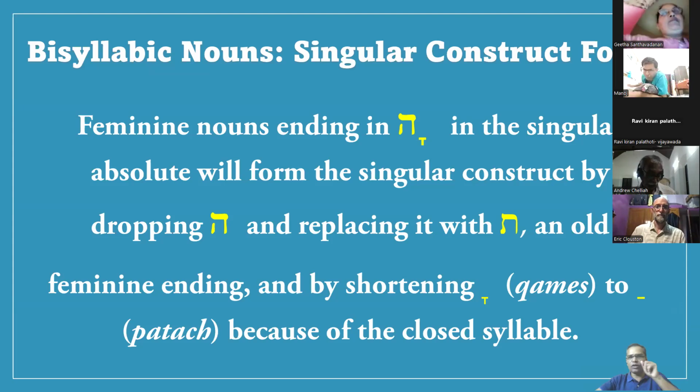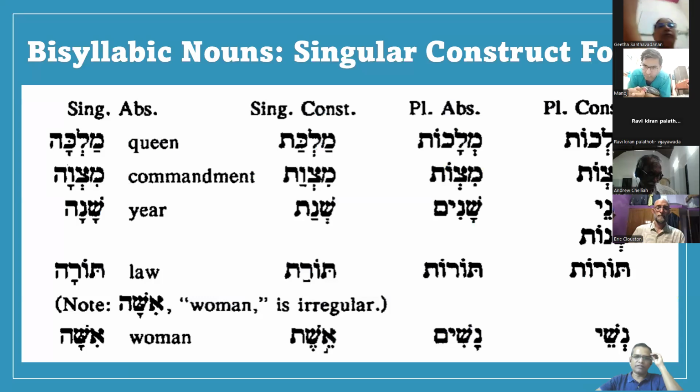For example, Torah becomes Toret. When Torah becomes Toret, it is understood that it is the construct state of Torah. Malka, Malkat. So the vowel is reduced and the last letter is also a different letter.